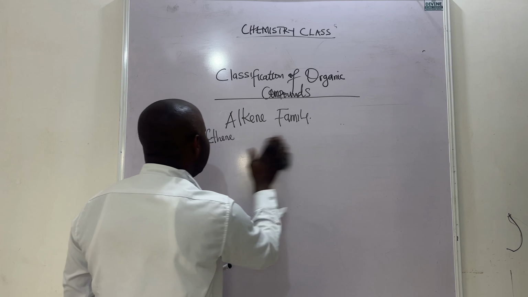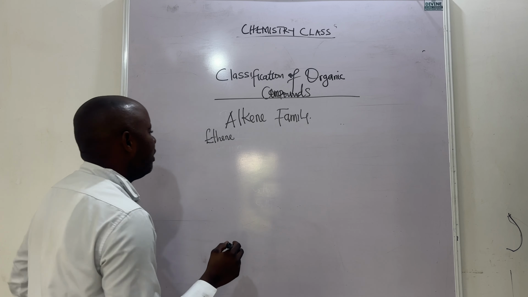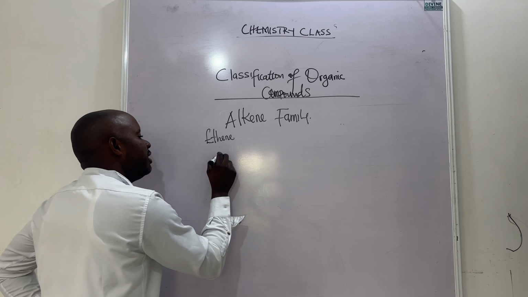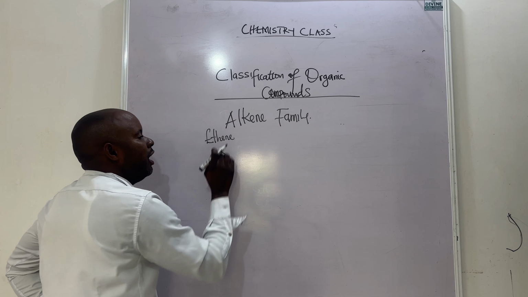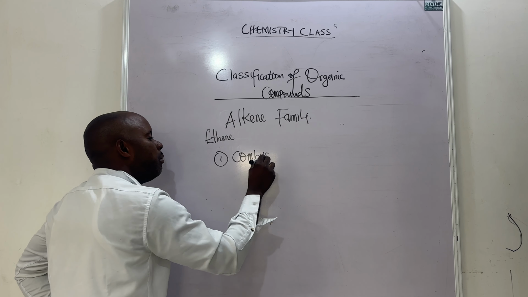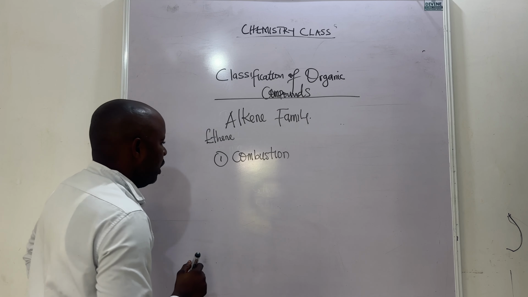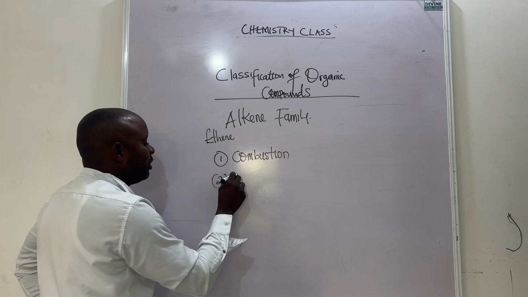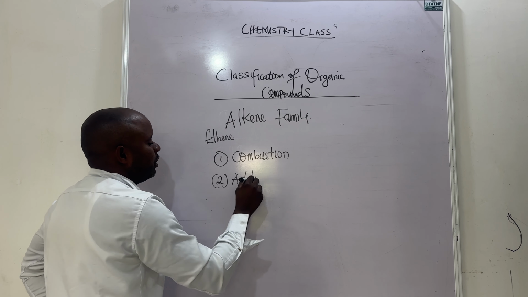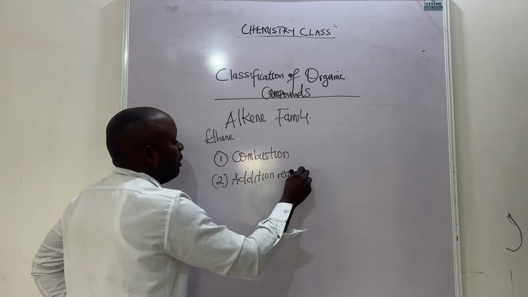So we're going to talk about this ethene. Since it has a double bond, this alkene family also undergoes combustion reaction. As I've said before, combustion reaction is open to all hydrocarbons. We said too, they undergo addition reaction. This addition reaction is the most important.